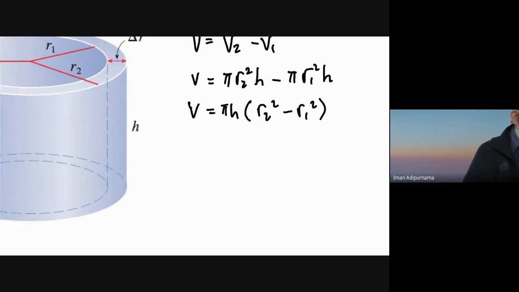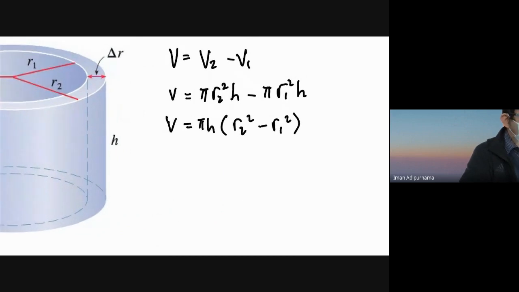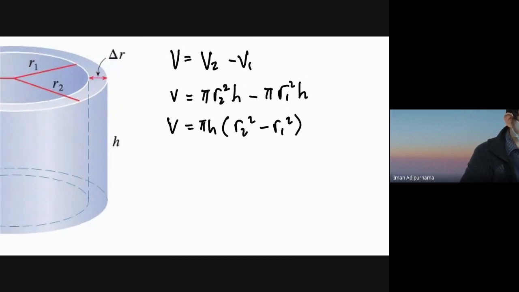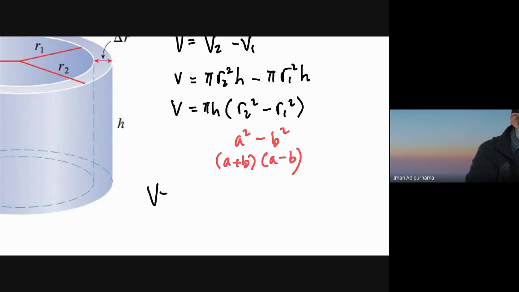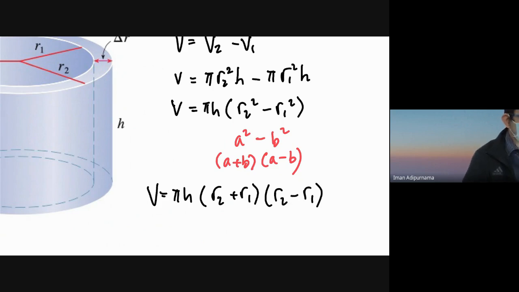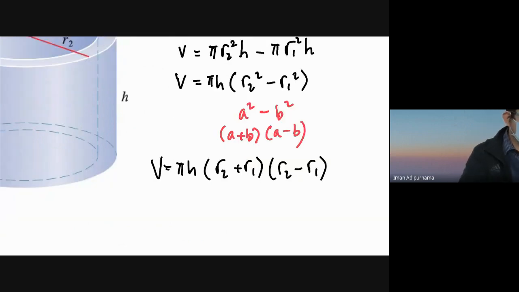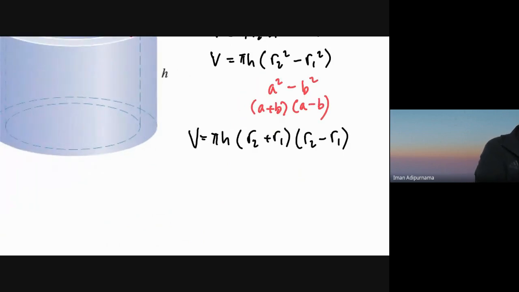Now let's use some algebra to finish this. If this is a squared minus b squared, we can write a plus b times a minus b, right? So let's do that to our radius. So the volume is pi h times R2 plus R1 times R2 minus R1. Let's make some assumptions.